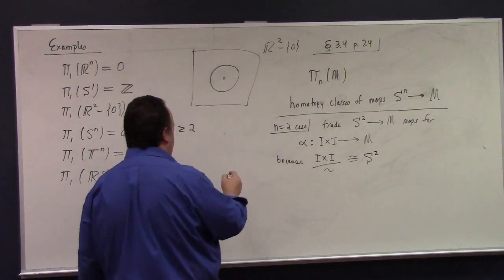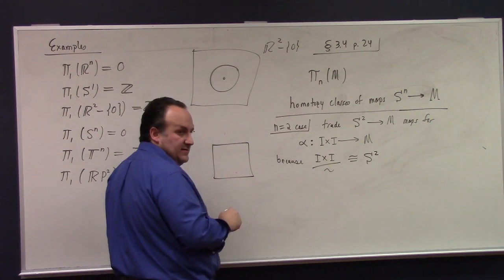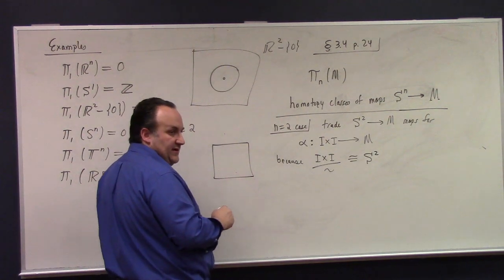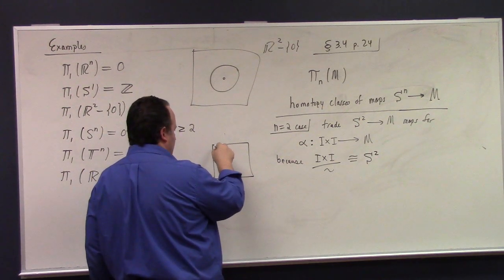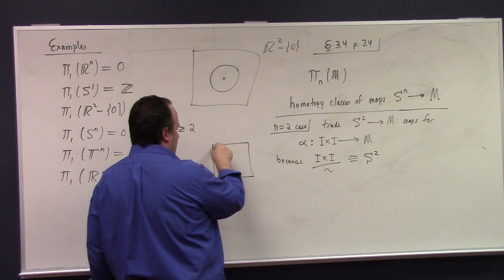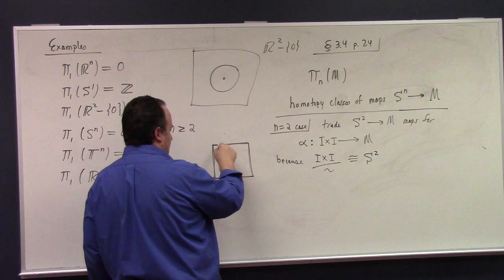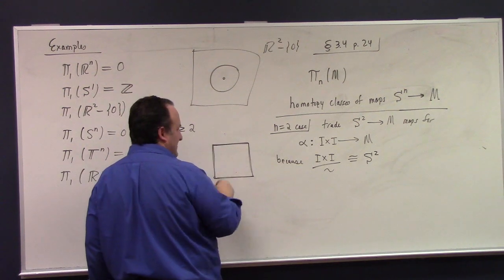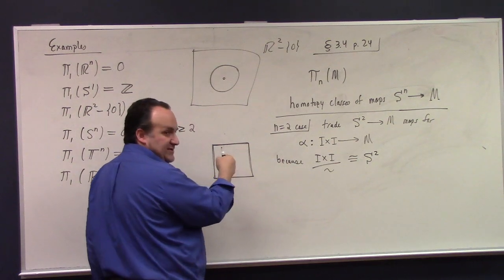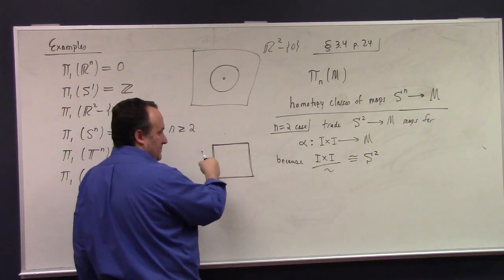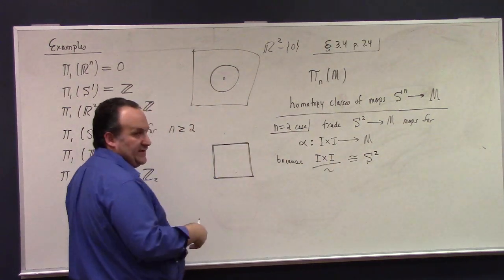So if you want to take this unit square and make it into the 2 sphere, what do you do? I think you take all of the edges and identify them together. So the equivalence just takes all of those and binds them together as a point, and that gives you the homeomorphism. That quotient is homeomorphic to the 2 sphere.